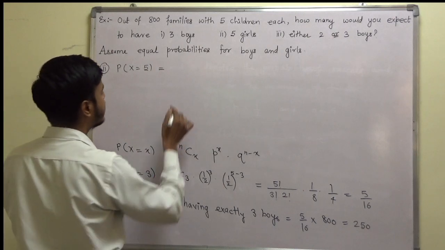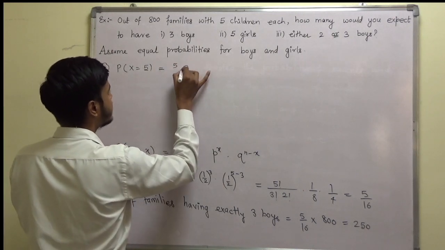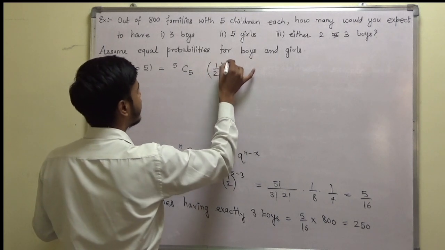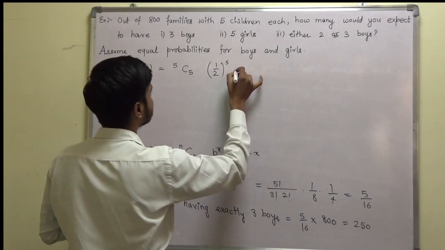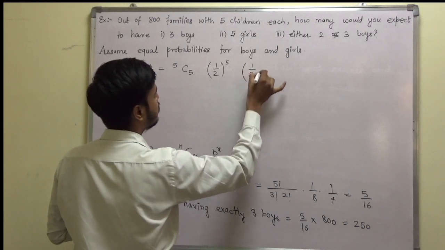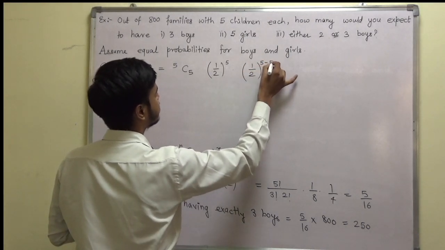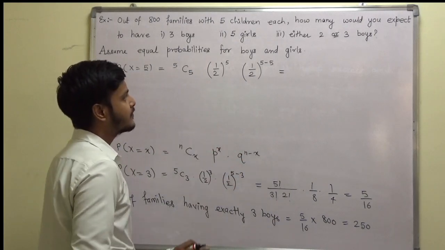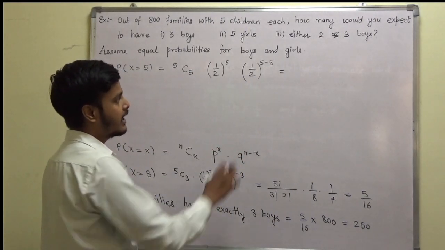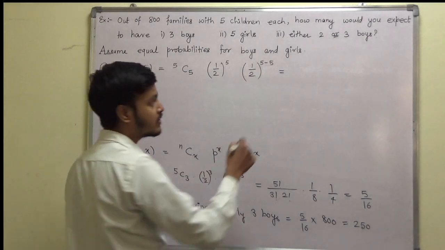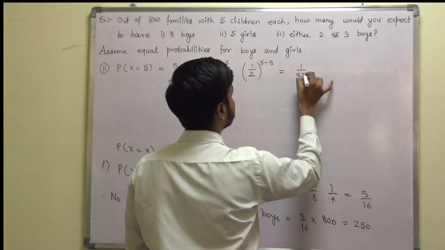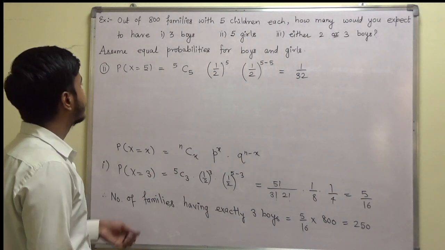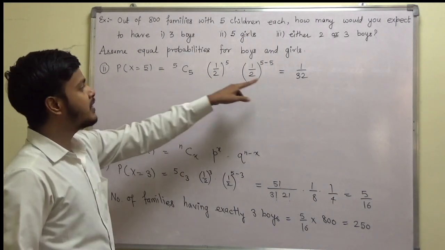This can be written as 5C5 into 1 by 2 power 5 into 1 by 2 power 5 minus 5. When you solve this, 5C5 is 1, 1 by 2 power 5 is 1 by 32, and anything power 0 is 1. So this is 1 by 32. So I am getting the probability of 5 girls to be 1 by 32.